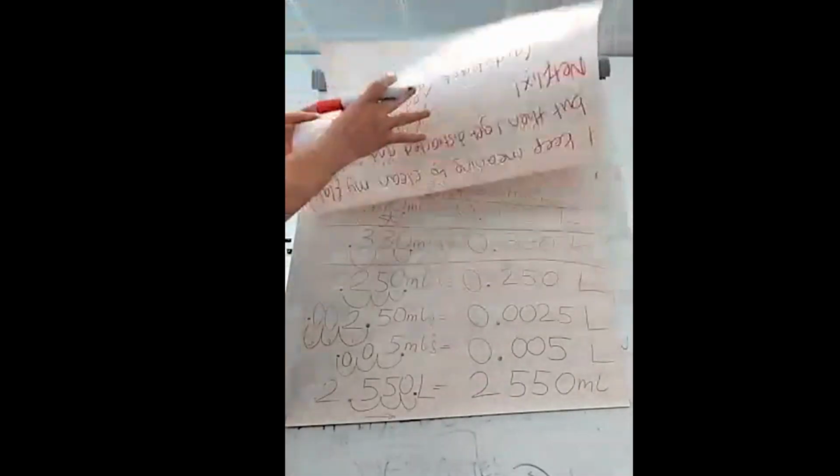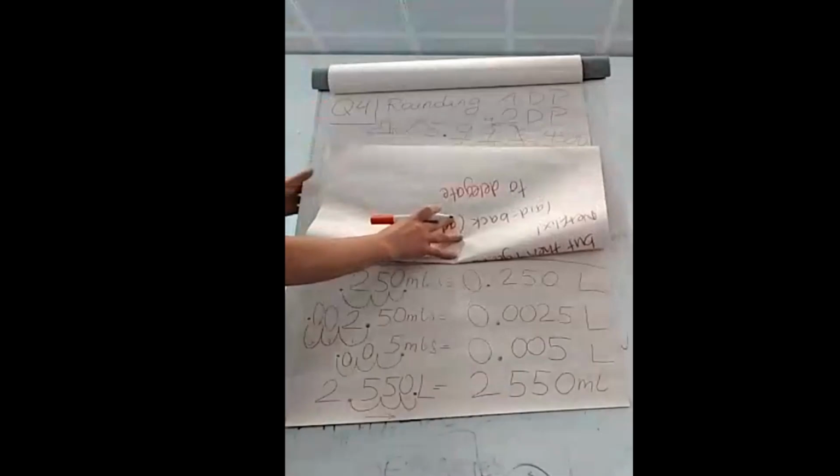Shall we try one that is a bit trickier? Yes. Where do we write this? I'm going to write it here. One more. Oh, yes, I'm going to take your bottle again. Oh, look at that.